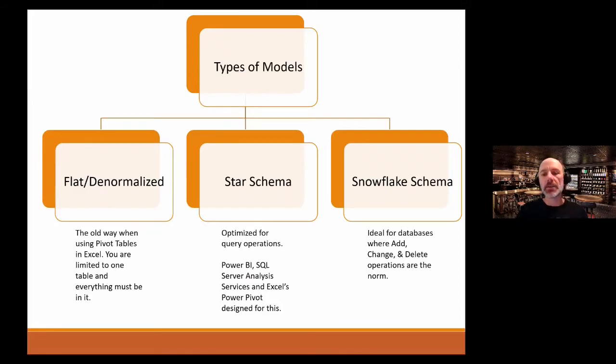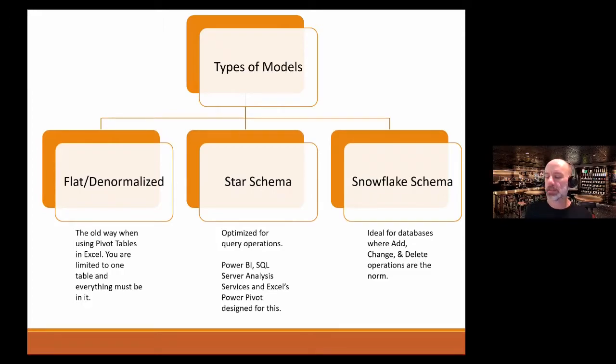On the other side of the spectrum, you have what is called a Snowflake schema. And I'm going to show you an image of that in just a few minutes. This is what your ERP systems typically are: SQL Server, Oracle, whatever system you're using. And that is because they are designed for add, change, and delete operations. You're adding a customer, you're adding a record, you're deleting a transaction, you're changing a transaction. Snowflake schemas are the best for that.